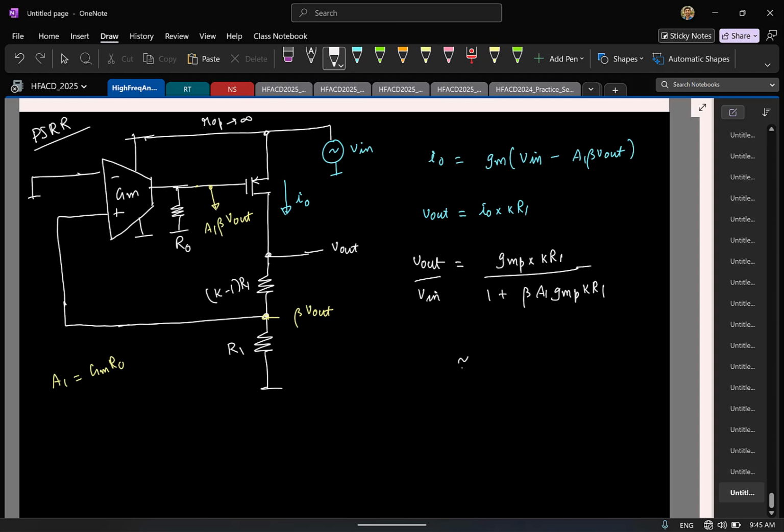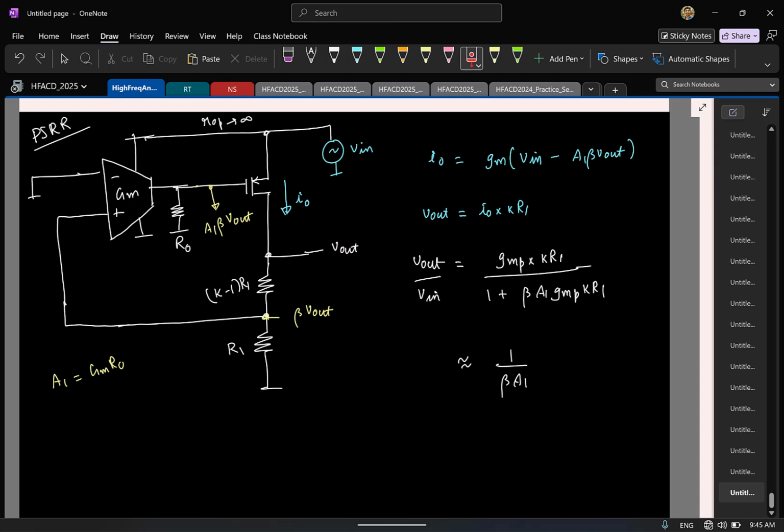So how can you approximate this? The loop gain is really large, so this is approximately 1 by beta. Once again, if you have sufficiently large gain from the first stage, any changes you see here are suppressed, at least for DC. In steady state, whatever change you make here will be suppressed.